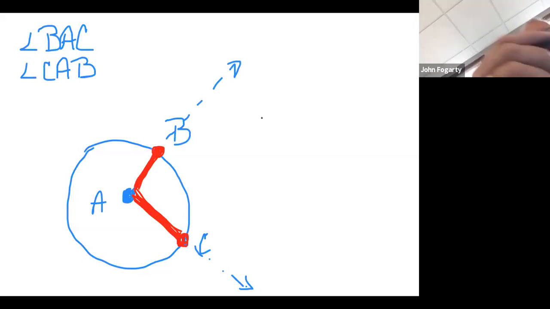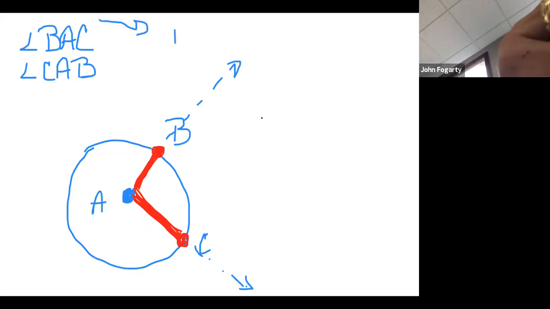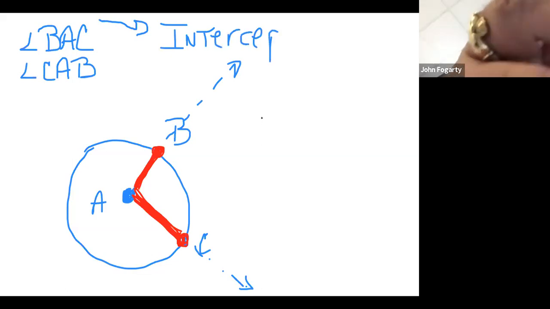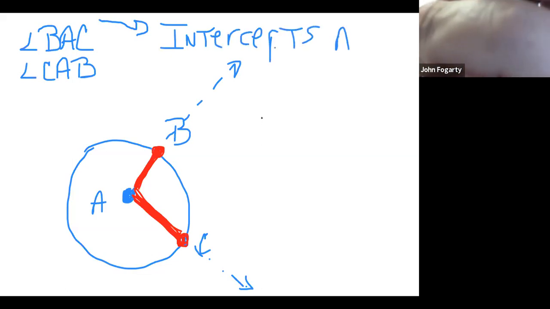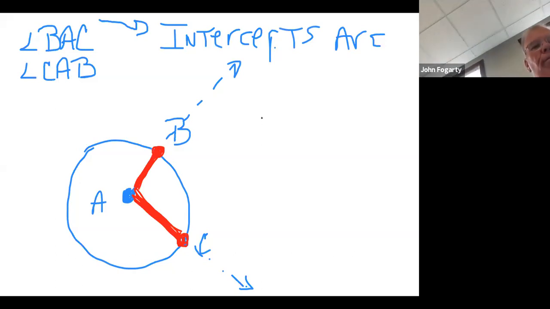Now, we say that angle BAC intercepts an arc. All righty, so first thing I want you to look at. See this part of the circle right here? The part between B and C. That's called an intercepted arc.